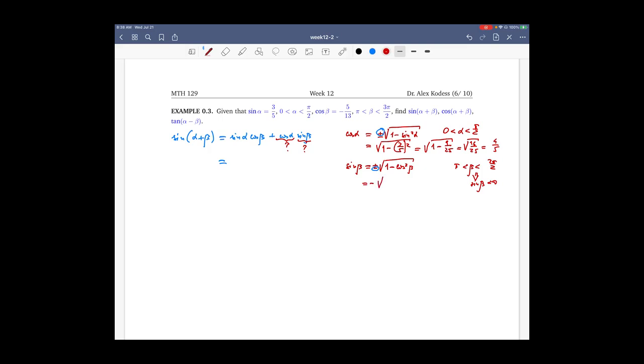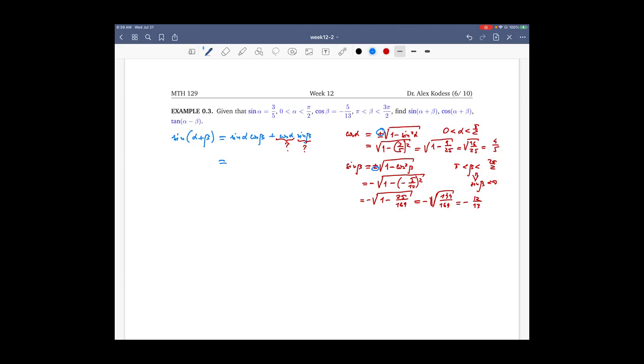It will be negative square root of 1 minus negative 5 over 13 squared. So that's 1 minus 25 over 169. 169 minus 25 is 144, and the square root of that is 12 over 13.